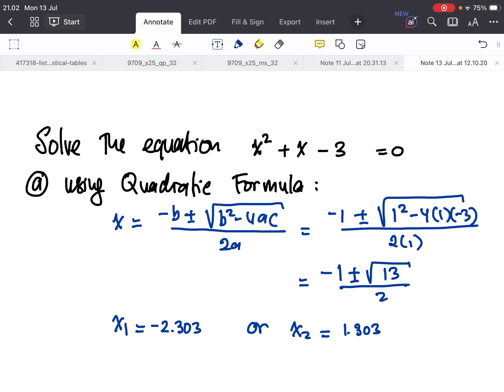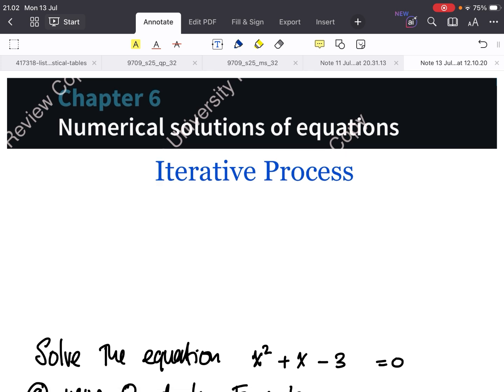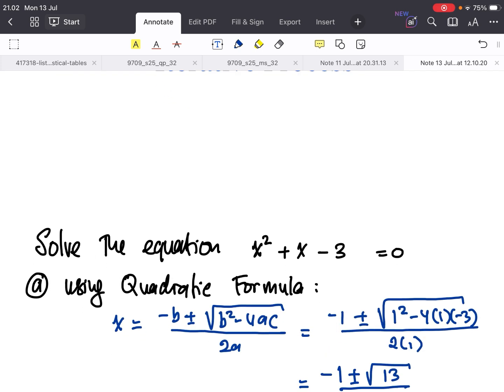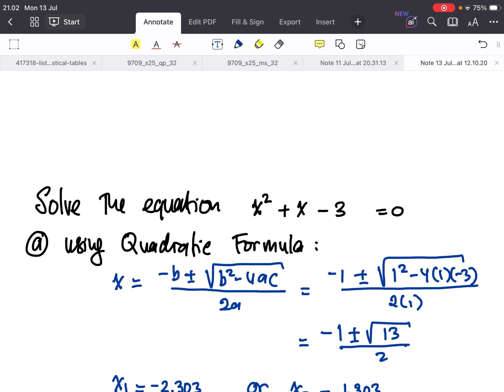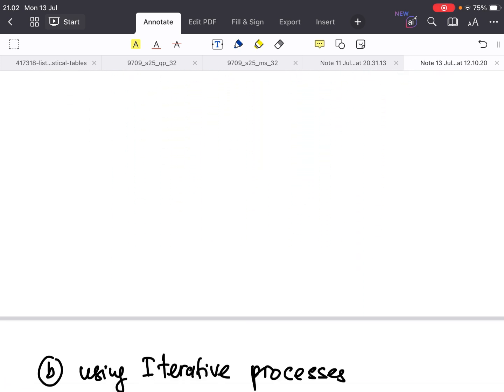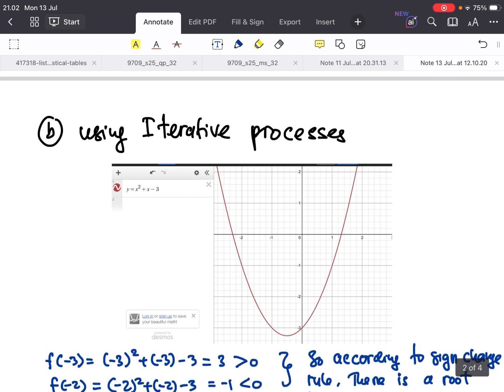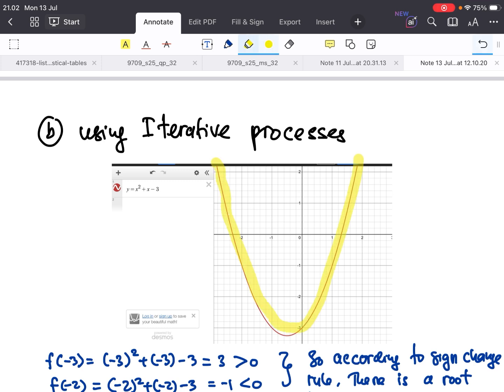Now, how do we use this method, numerical solution of equations, to solve the same equation? So, let's draw the graph of y equals x squared plus x minus 3 first. This is the graph of this function.